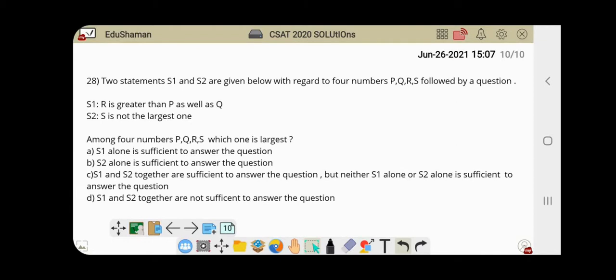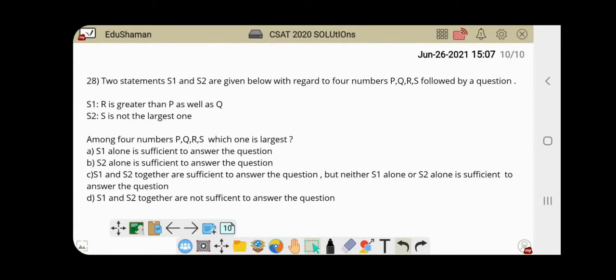Options: whether S1 alone would be sufficient to answer this question, or S2 alone would be sufficient, or we need both S1 and S2 together to answer this question. Or neither S1 alone nor S2 alone is sufficient, or S1 and S2 together, even after having S1 and S2, we are not able to answer this question.